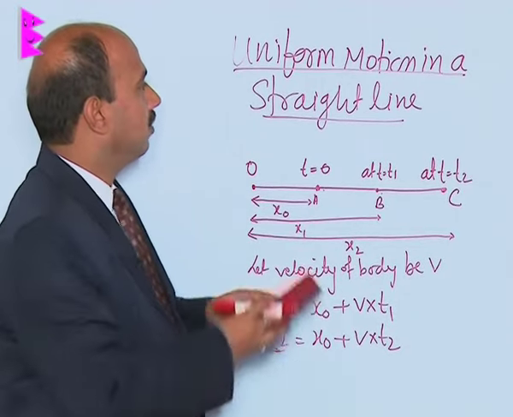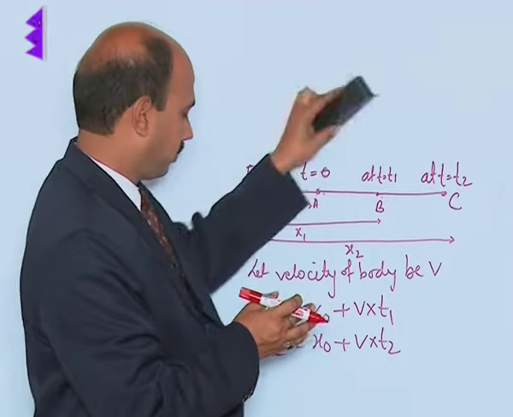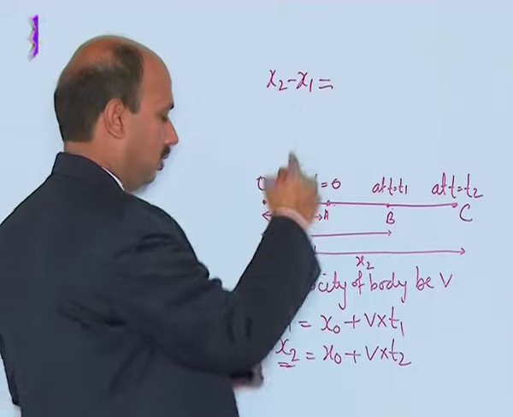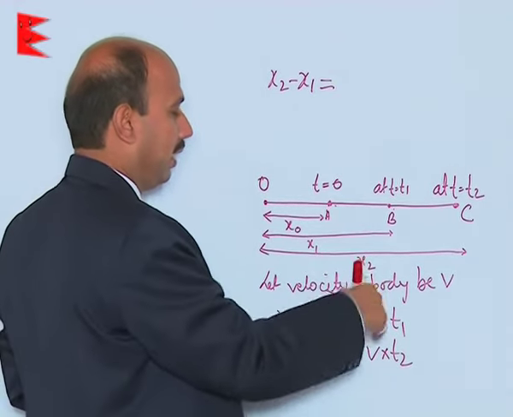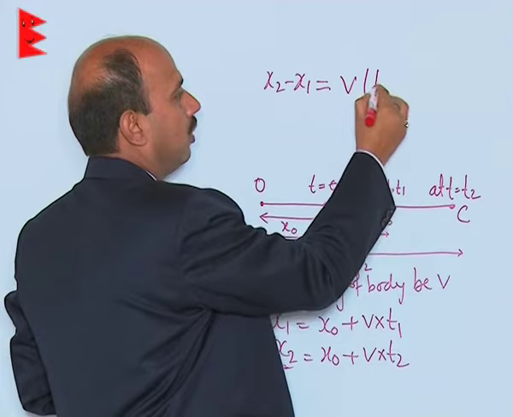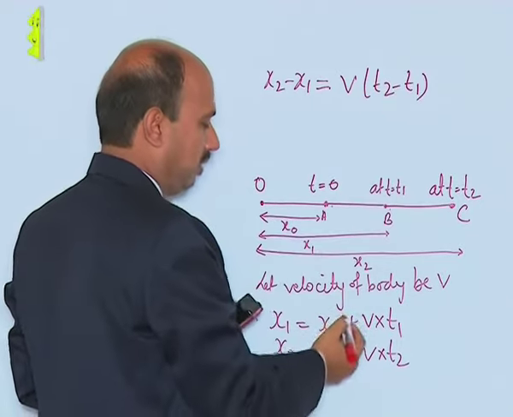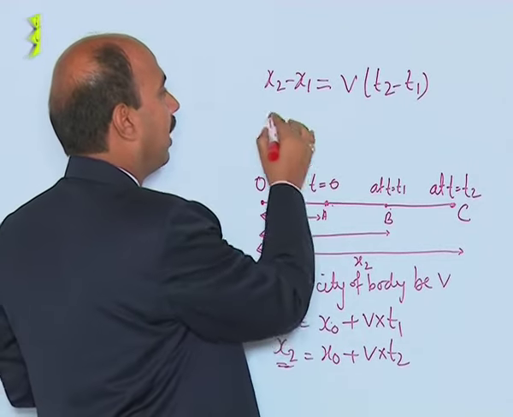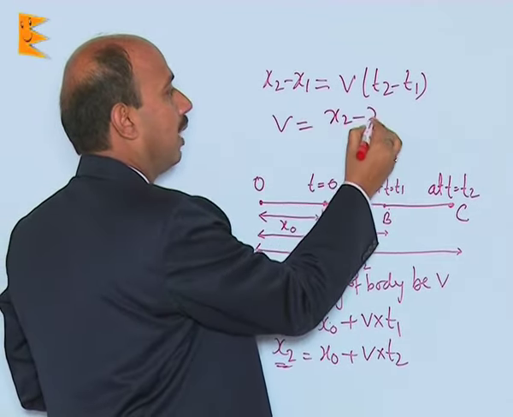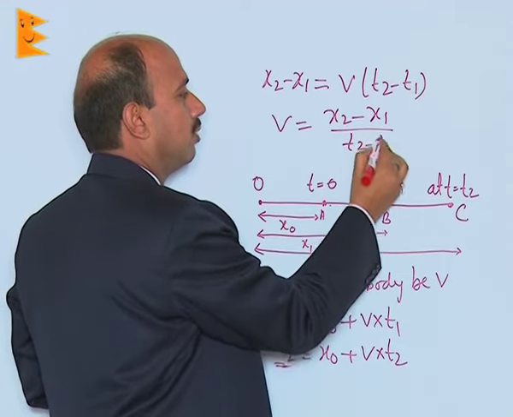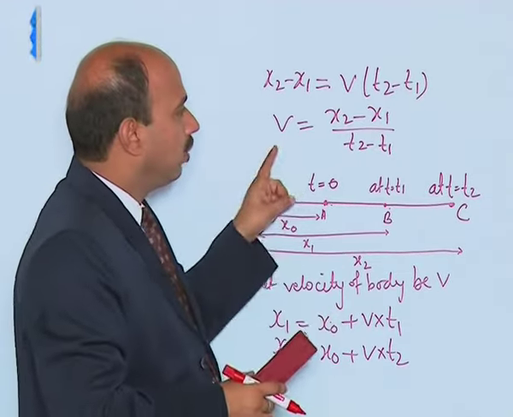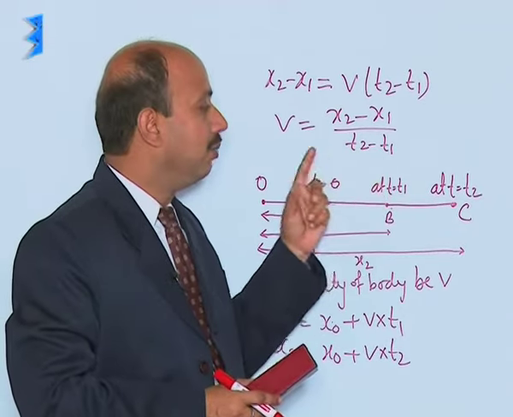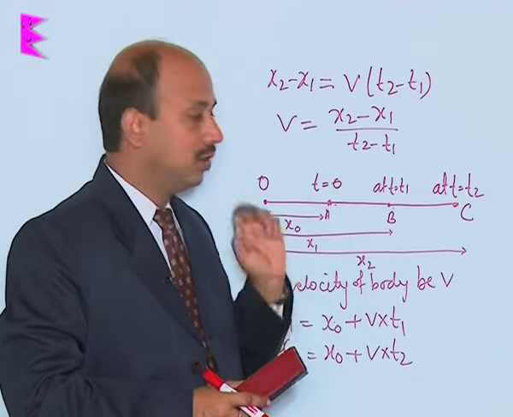Now, in this case we can take it further. If you take x2 minus x1, subtract these two, you will get just v into t2 minus t1, because this x naught is common, that will get cancelled. So, here we can write v is equal to x2 minus x1 upon t2 minus t1. So, this is the velocity in the time interval t2 minus t1.